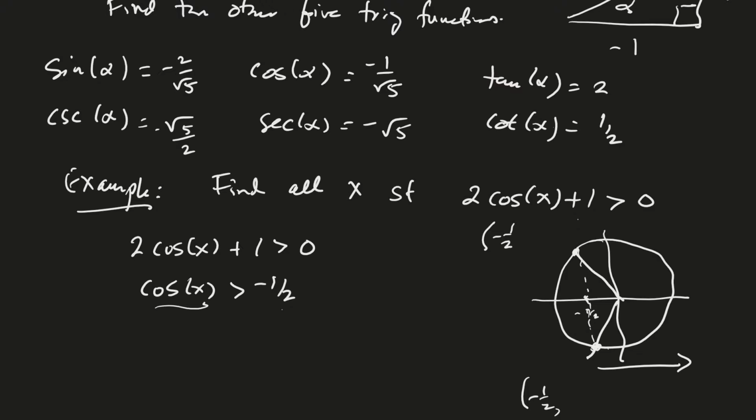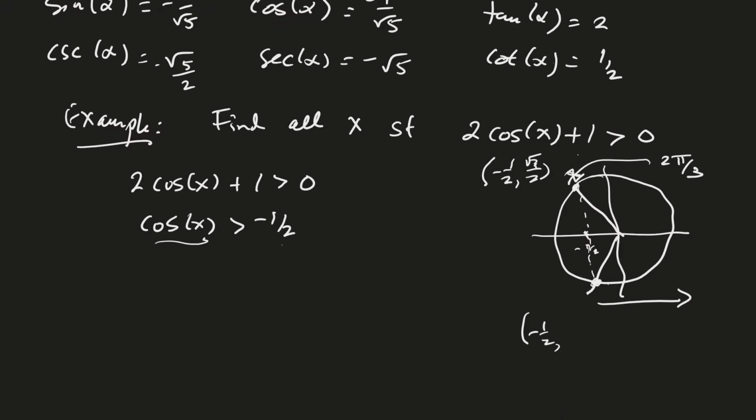So here we would have square root of 3 over 2, which tells me that this angle right here is 2 pi over 3. And then this one, minus square root of 3 over 2. Let's see, this small angle here is pi over 6. So this angle here is 3 pi over 2.